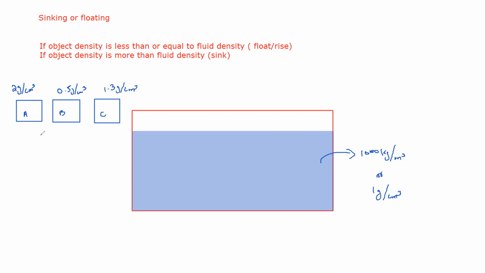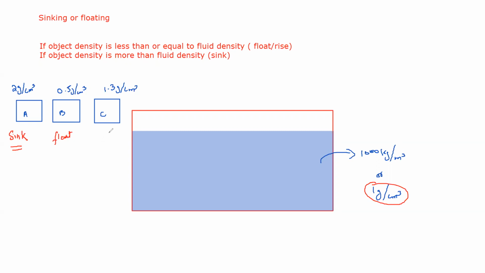What will happen to object A? Will it float or sink? Here water is the medium for us. Water is a fluid. The density of the water is 1 gram per centimeter cube, and the density of this object is 2. So its density is higher, so it will sink. What about object B? Its density is lower, so it will float. What about C?